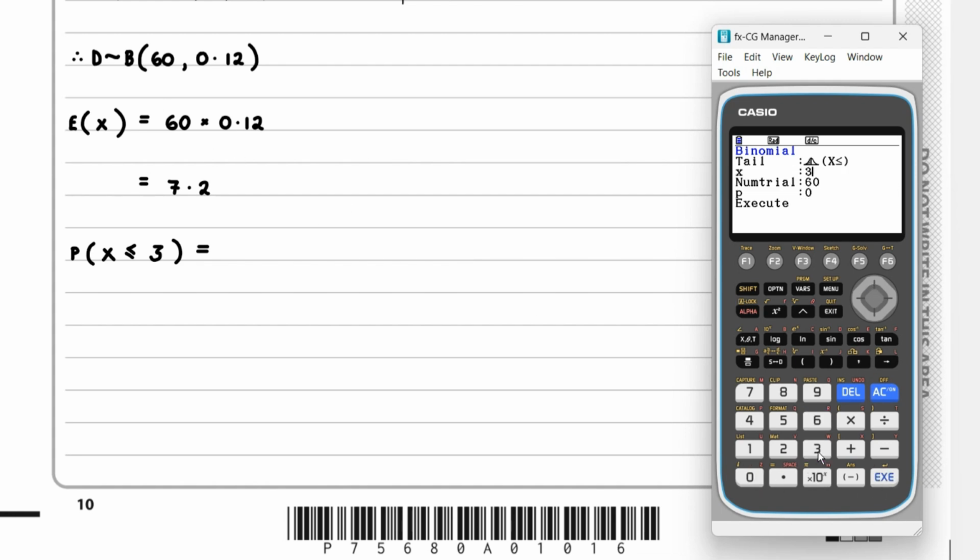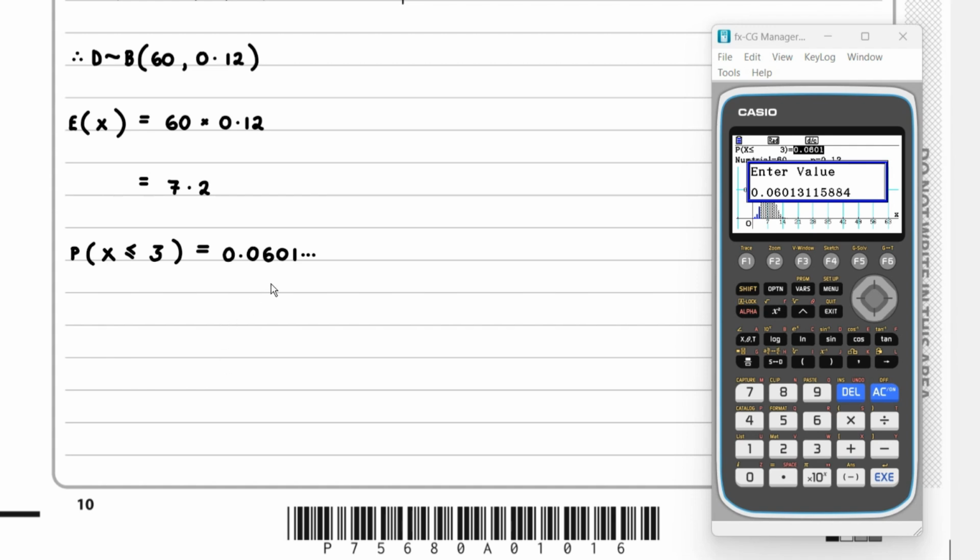X is equal to 3. The probability is equal to 0.12. And if we execute this calculation, you can see the probability that x is less than or equal to 3 is equal to 0.0601, etc.